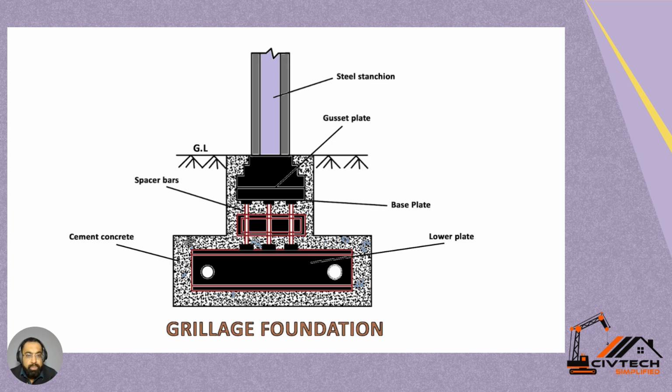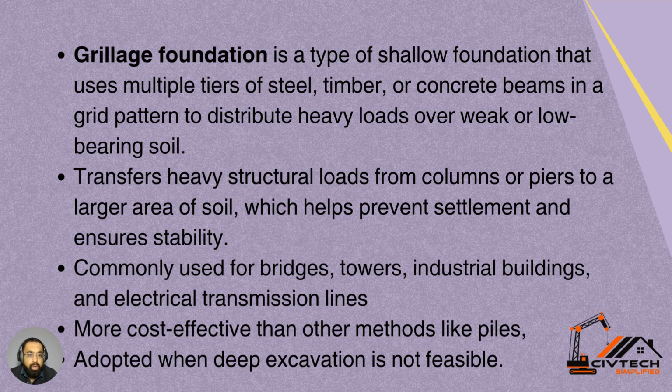So you can see in the picture there is a steel beam on the top, column on the top, and then we have base plates distributing that load to the maximum area. Then we have lower base plate, we have upper base plate, cement concrete as well. So it's a combination of both.